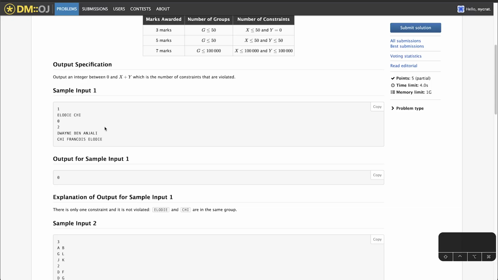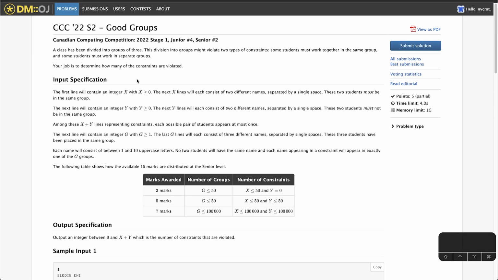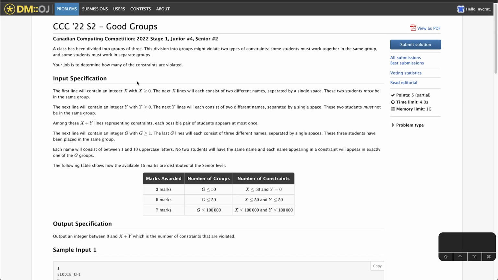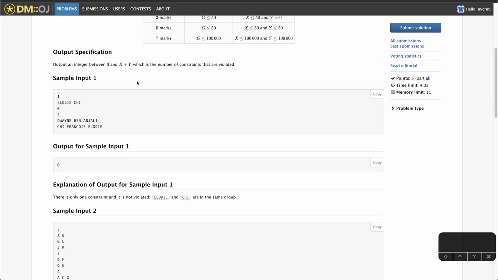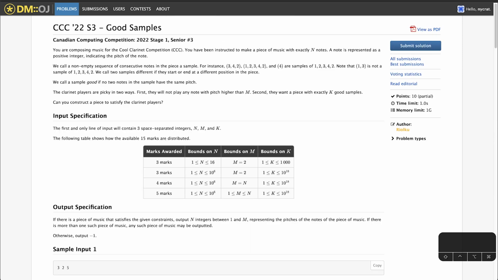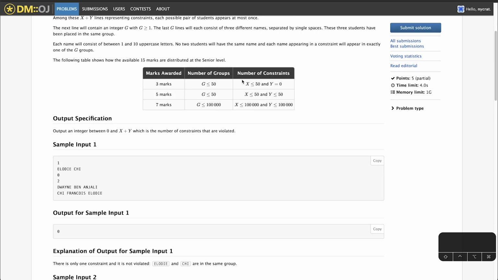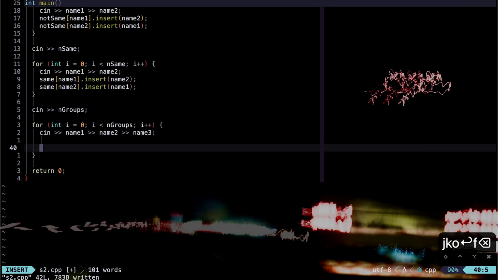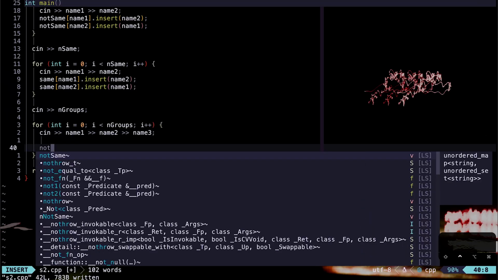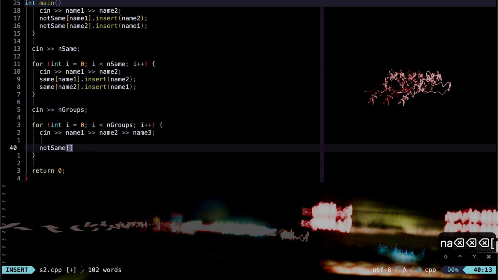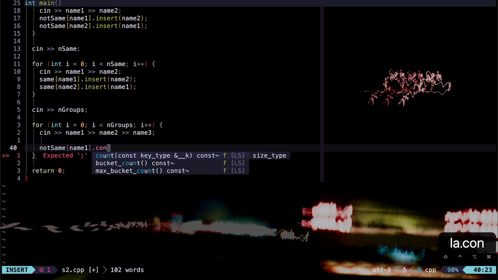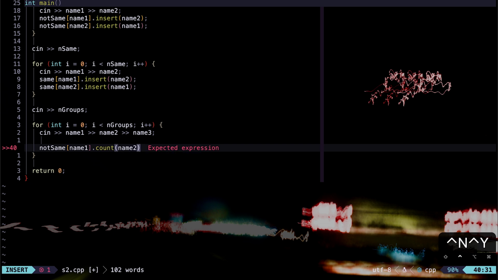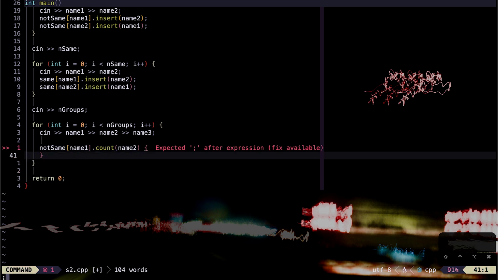And let's see, how do we check for violations? Okay, that's a violation. Okay. All right. So we can check if not same, let's say name 1 dot, so if it contains name 2.